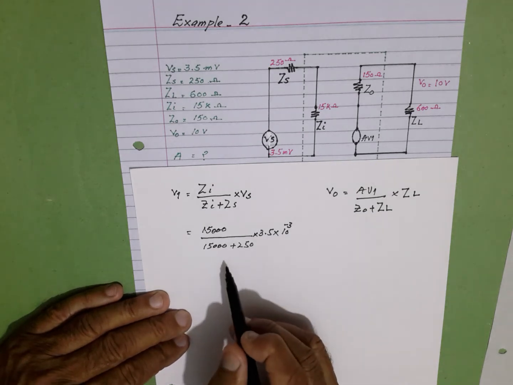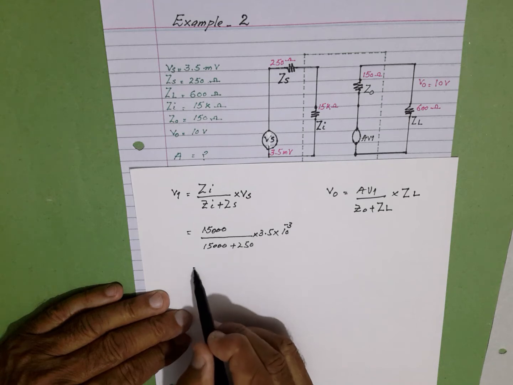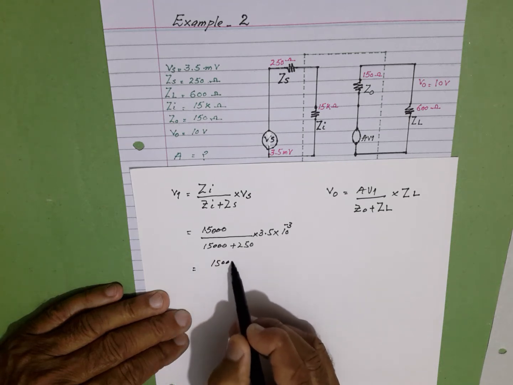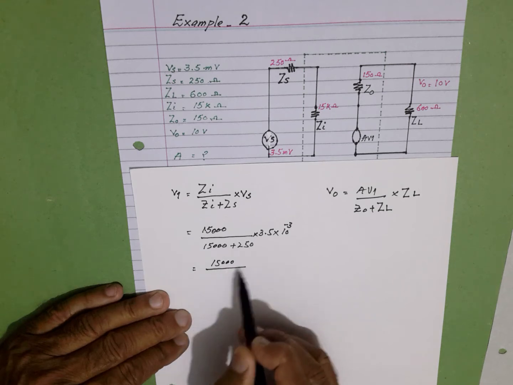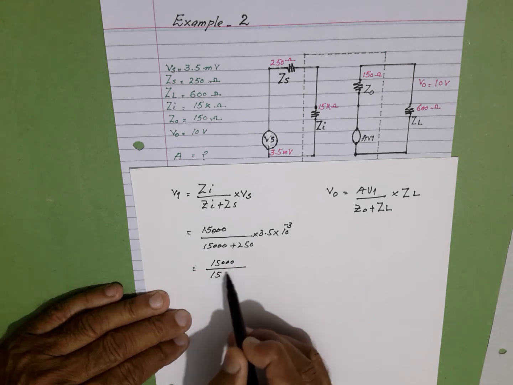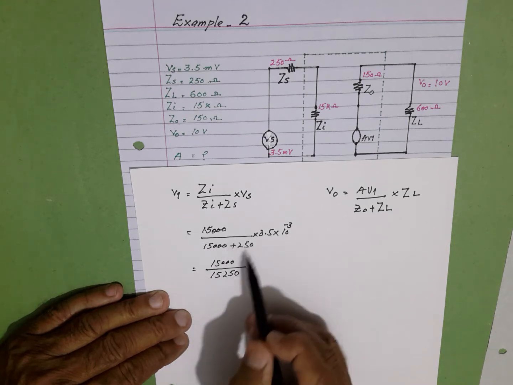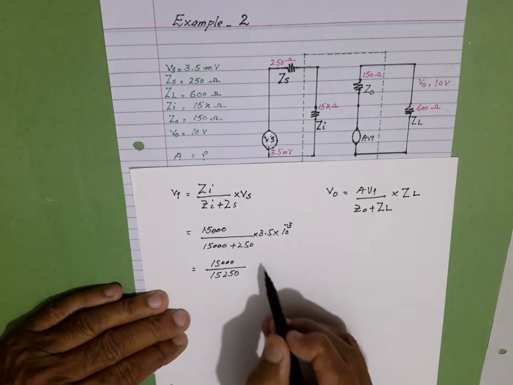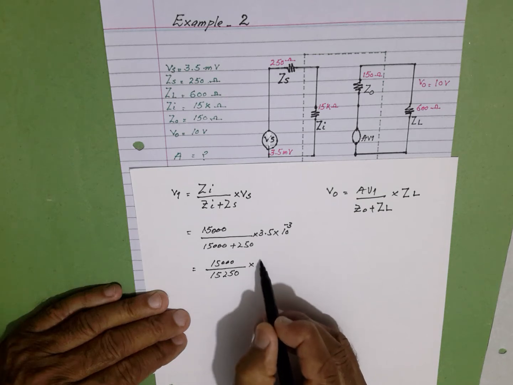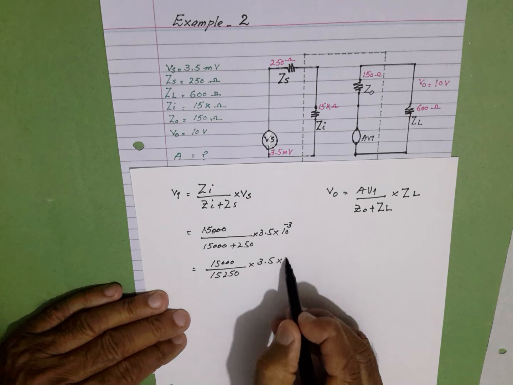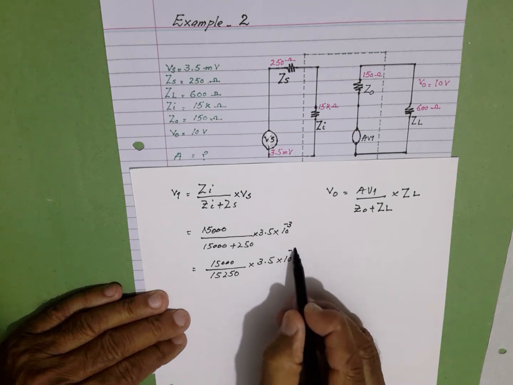This can be written as 15,000 divided by 15,250. When you add these two, it becomes this, multiplied by 3.5 into 10 raised to the power minus 3.